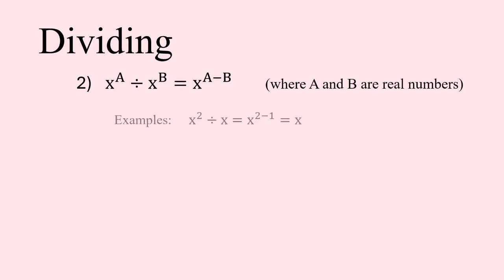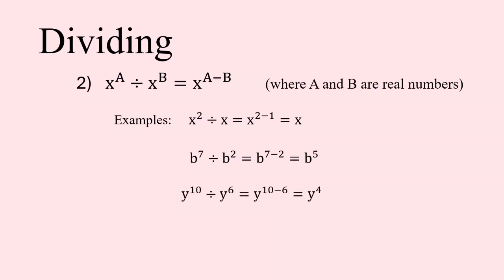For example, x squared divided by x is equal to x to the power of 2 minus 1, which is just equal to x. b to the power of 7 divided by b squared is equal to b to the power of 7 minus 2, which equals b to the power of 5. y to the power of 10 divided by y to the power of 6 is equal to y to the power of 10 minus 6, which equals y to the power of 4.